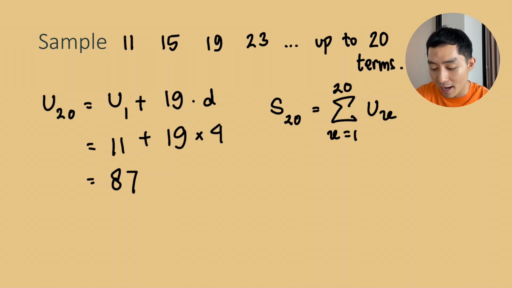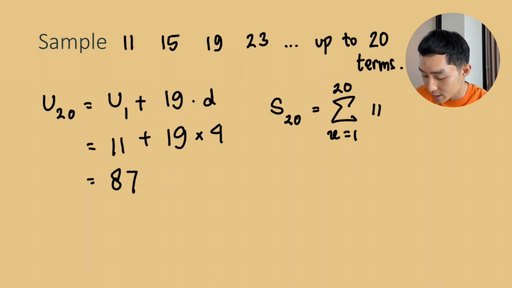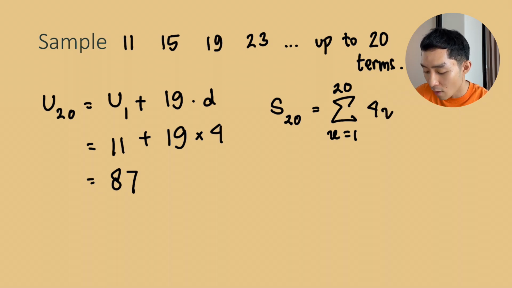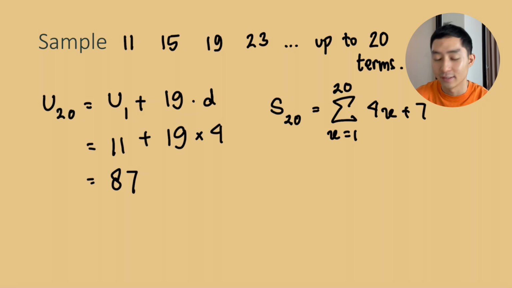Now you need to expand Ux using the Un formula. So it will be the first term, which is 11, plus x minus 1 multiplied by 4. Now you tidy it up, it will be 4x plus 11 minus 4, which is 4x plus 7. So this is how you write it in sigma notation.